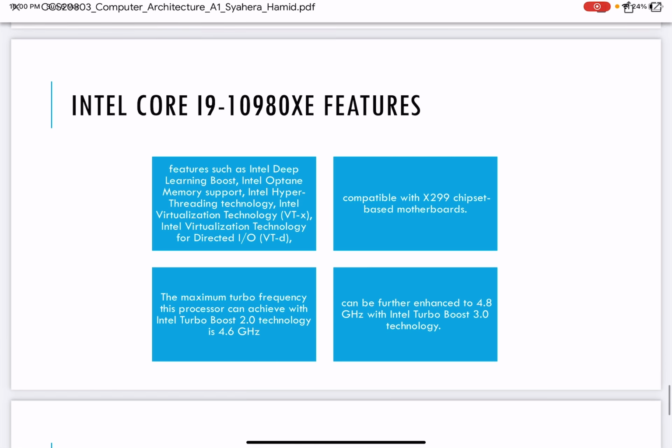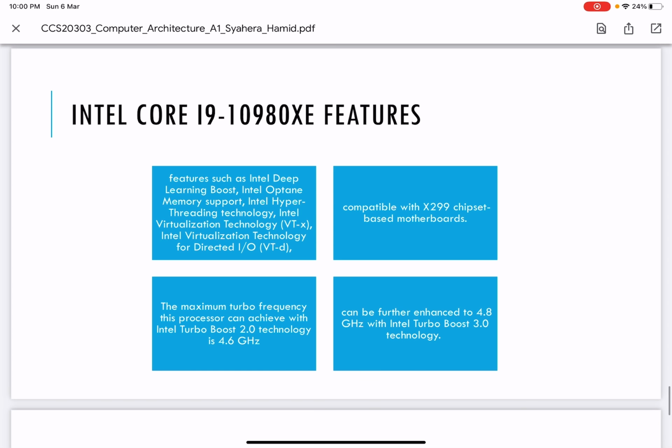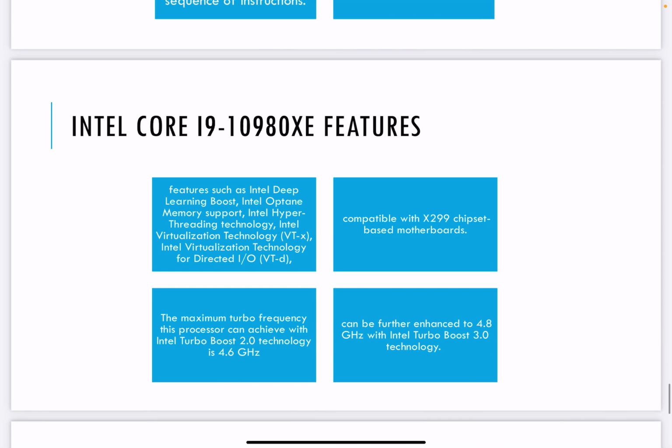So the Intel Core i9 10980XE features such as Intel Deep Learning Boost, Intel Optane memory support, Intel Hyper-Threading technology, Intel Virtualization technology, Intel Virtualization technology for Directed I/O.